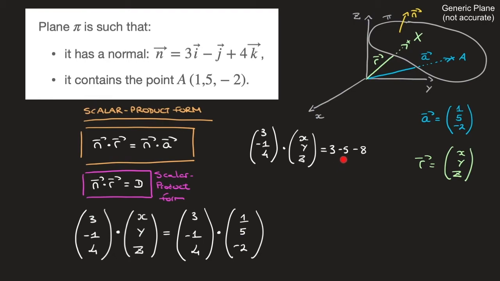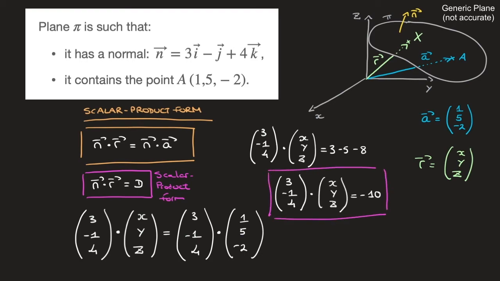Now, 3 minus 5 minus 8 equals negative 10, so the scalar product form of this plane's equation would be 3, negative 1, 4, dot, x, y, z, equals negative 10. And I'll go ahead and box that result.